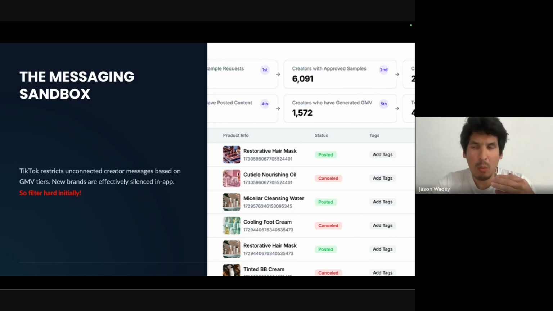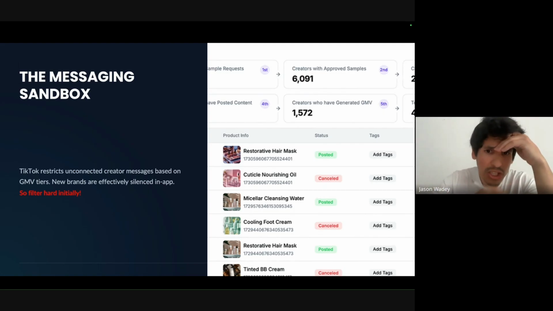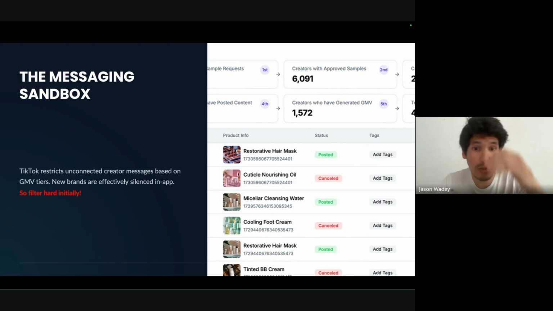So with regards to the automated side, what I mean here is using the bots to just send out outreach messages on a daily, weekly basis. A massive hurdle new brand owners hit in this TikTok app is just this message ceiling.